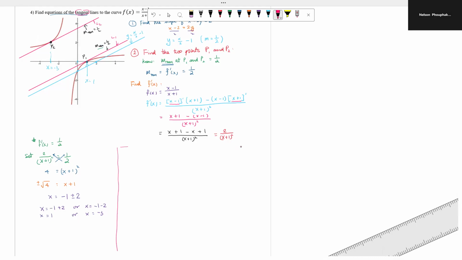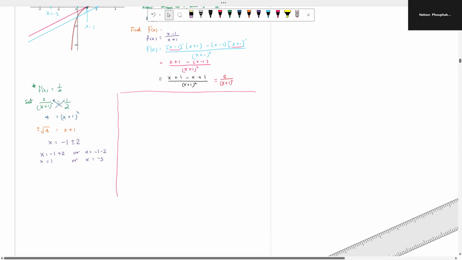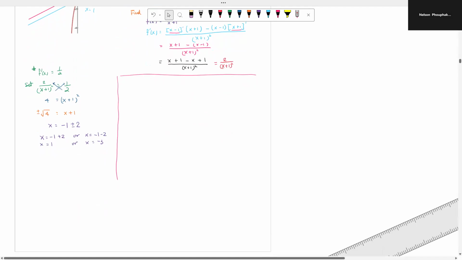And now we can work on finding the tangent lines.